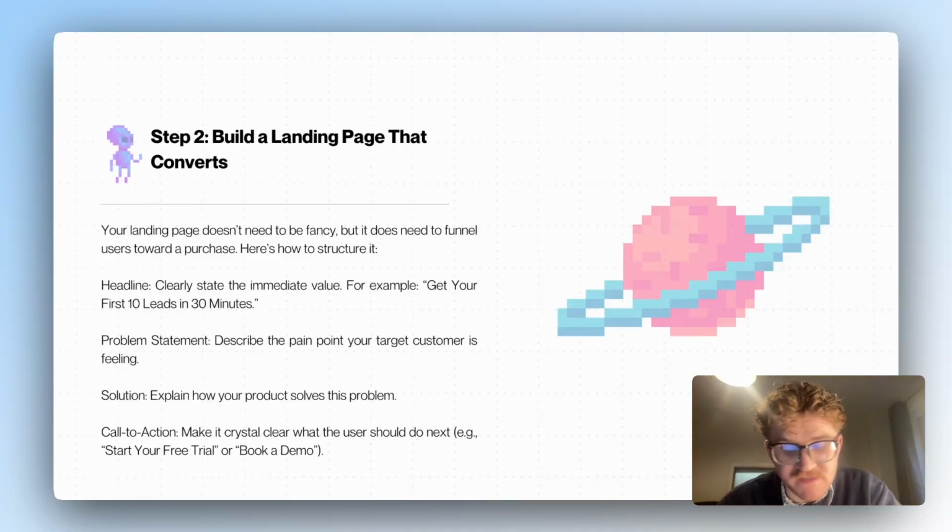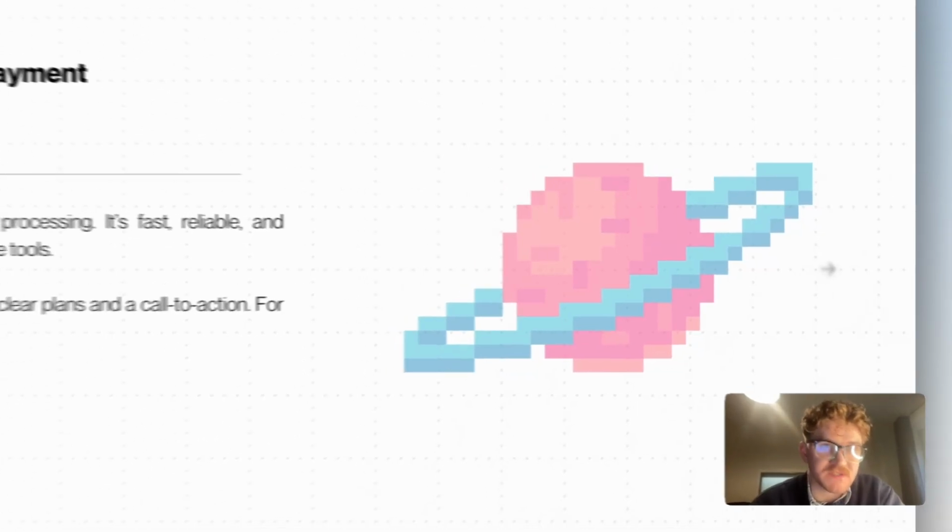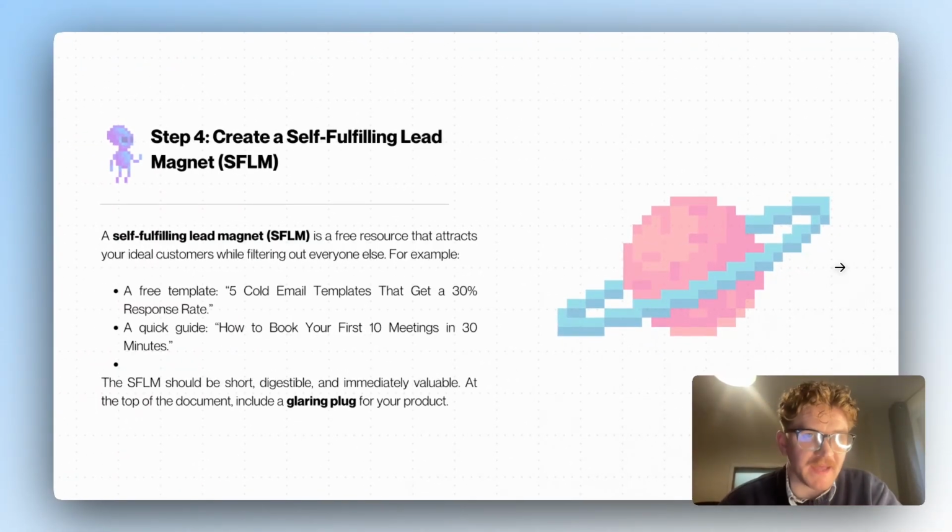If they've already had a conversation with you inside Facebook DMs or Twitter or Reddit DMs, just send them the payment link. The landing page is more for people who have seen your self-fulfilling lead magnet on organic stuff like Twitter or Reddit or TikTok, whatever it may be, right? And if they see that self-fulfilling lead magnet and go to a shitty website, they're not going to convert.